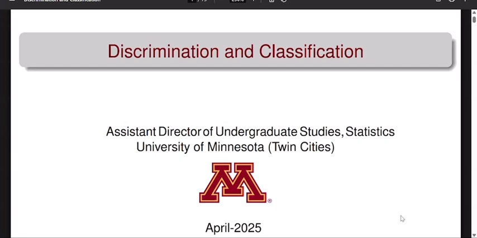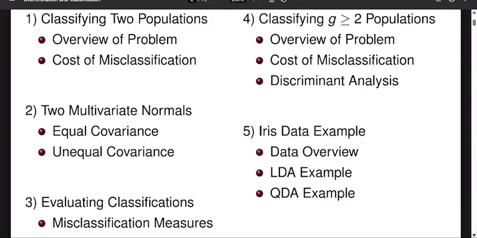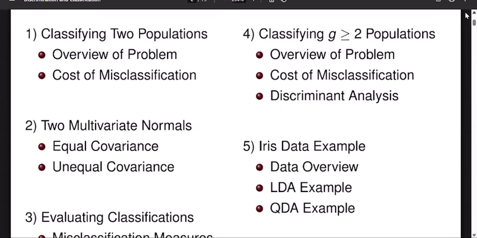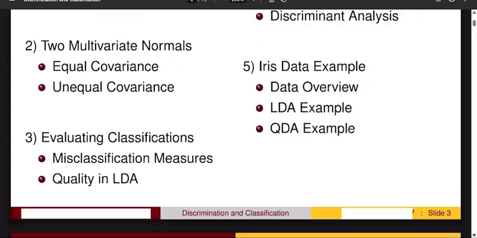Earlier in the week, like I said, I started discrimination and classification. So we've been able to achieve the first two objectives, which is classifying two populations and two multivariate normals. And I think we also touched some parts of evaluating classification.